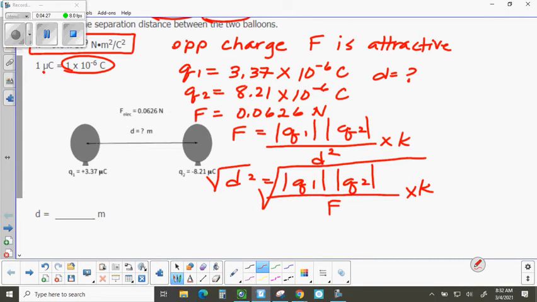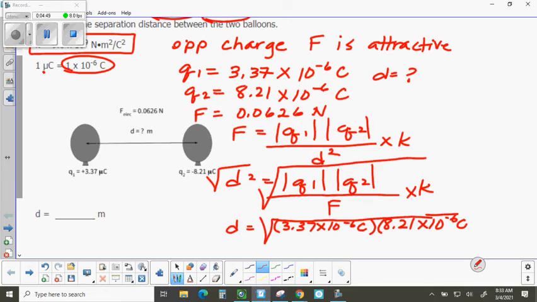So if I plug numbers in, D is going to be equal to the square root of 3.37 times 10 to the negative 6 coulombs times 8.21 times 10 to the negative 6 coulombs.